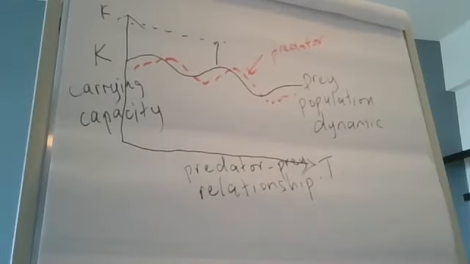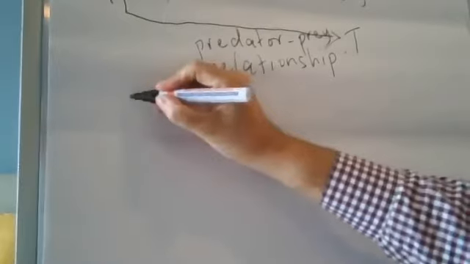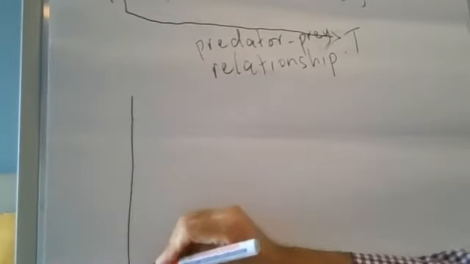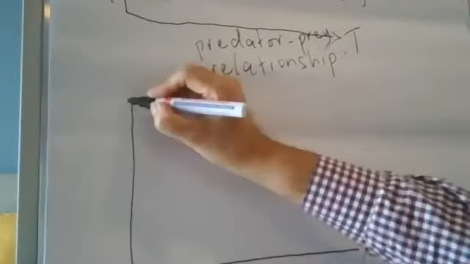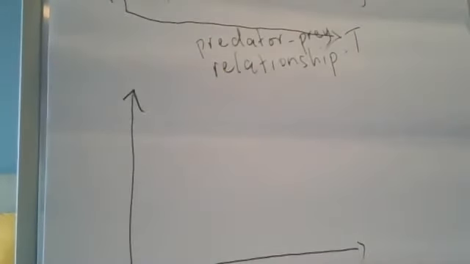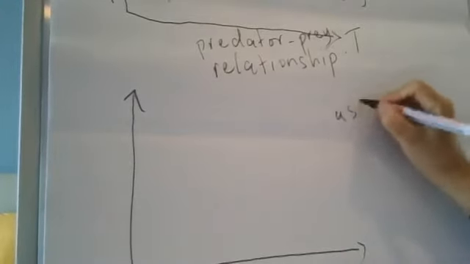Okay, now consider the next scenario. Okay. Again, in the tropical area. Okay, this is what I call assisted predation.